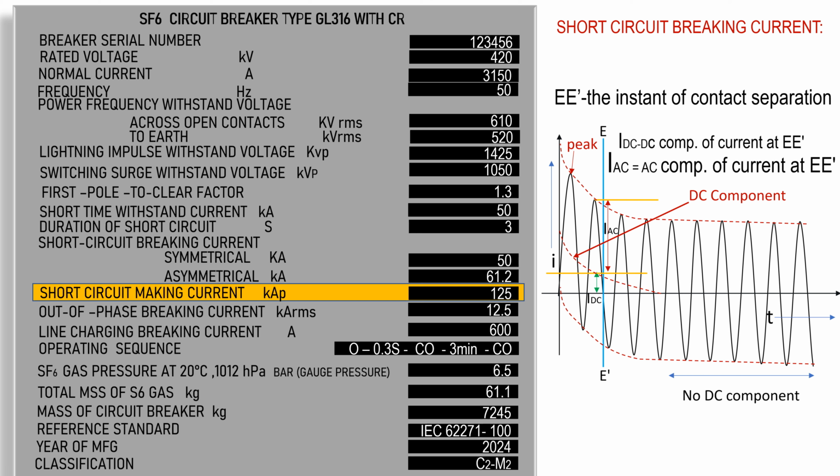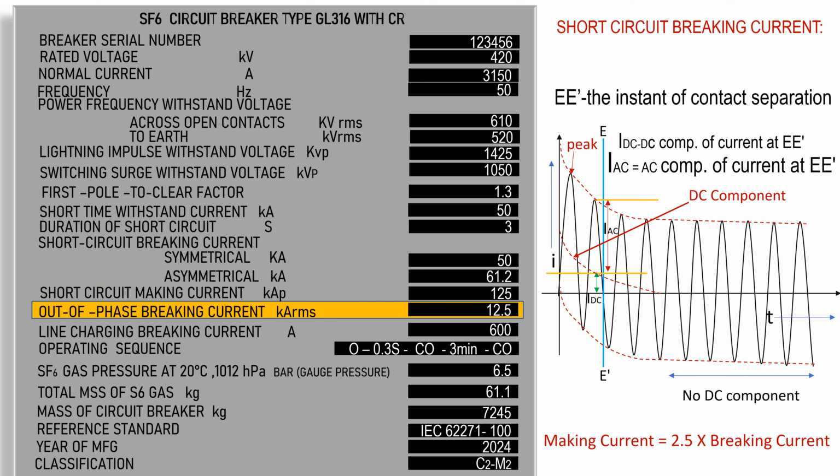It should be able to withstand the high current and the mechanical forces caused by the current. The current is called short circuit making current, in kiloamps. It is generally 2.5 times the rated short circuit breaking current. Making current is equal to 2.5 into breaking current.